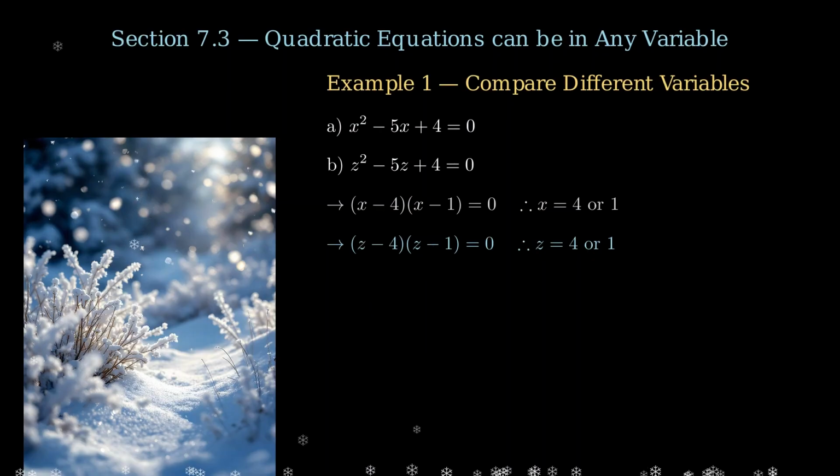For equation B, the variable is z rather than x, but it factors the exact same way into z minus 4 times z minus 1 equals 0, giving z equals 4 or 1. As you can see, both equations are really identical, only the letters have changed.